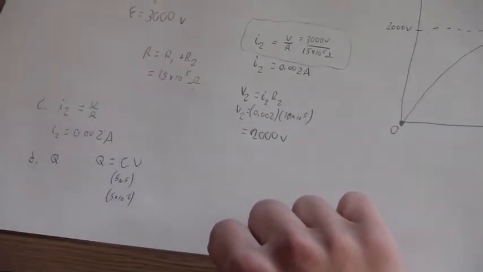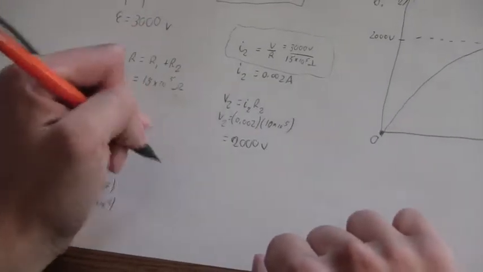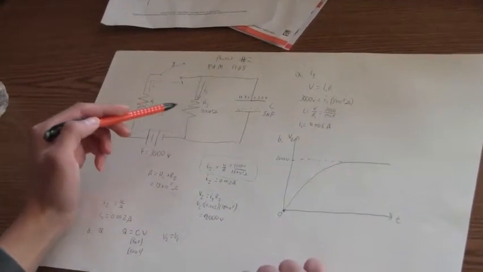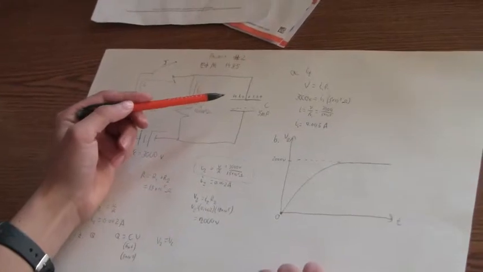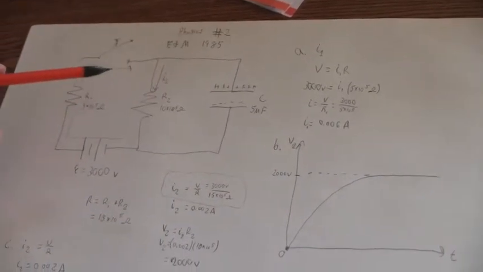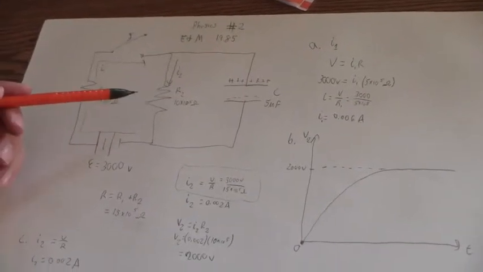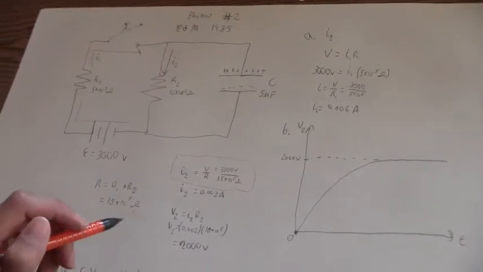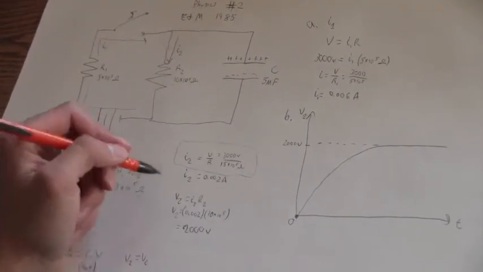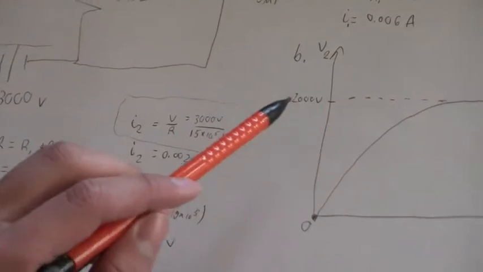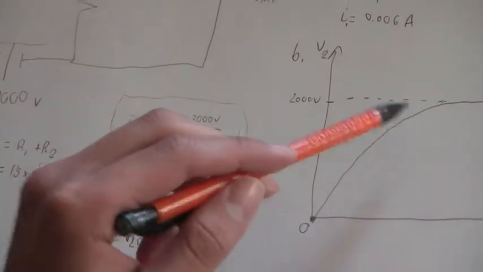And V across the capacitor is actually equal to V2. The reason this is true is because V2, which is voltage across R2, and VC, voltage across the capacitor, are in parallel. And because they are in parallel, they are equal. We already calculated V2 for the graph.